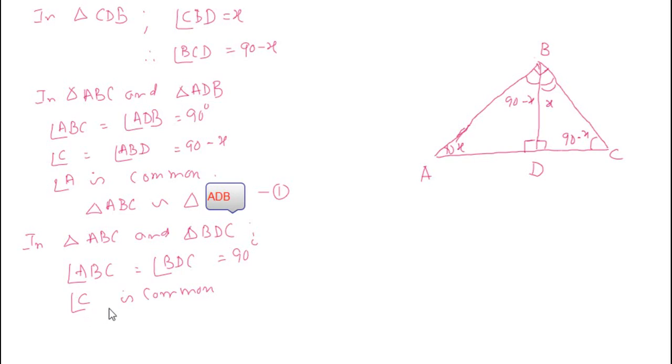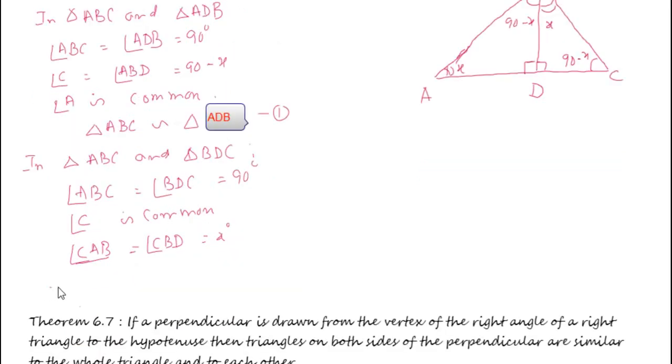Then angle CAB, that is nothing but angle A, is equal to angle CBD, that is X degree. Therefore triangle ABC is similar to triangle BDC. This is 2.